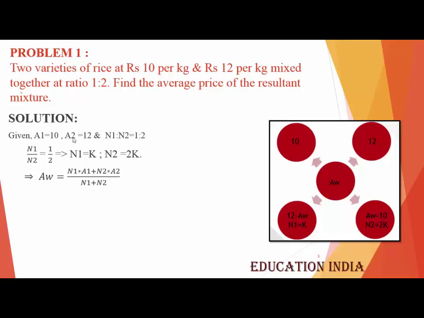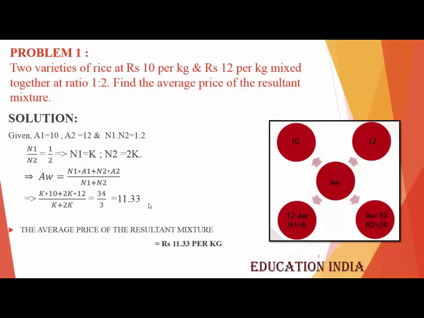We know the formula, so we put the values in it: N1 as K, A1 as 10, N2 as 2K and A2 as 12. Solving this formula for AW, we get AW as 11.33. The average price of the resultant mixture is Rs 11.33 per kg.